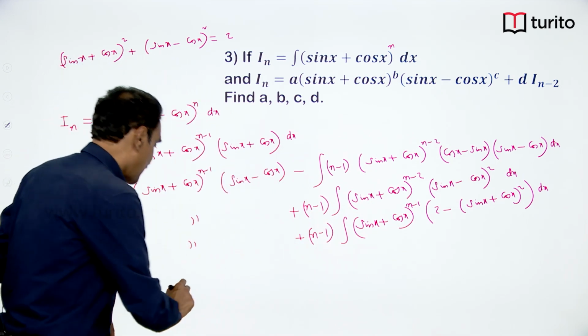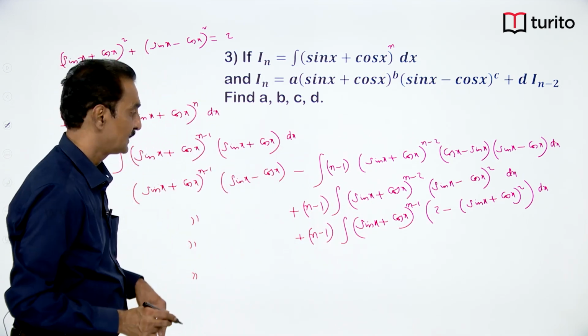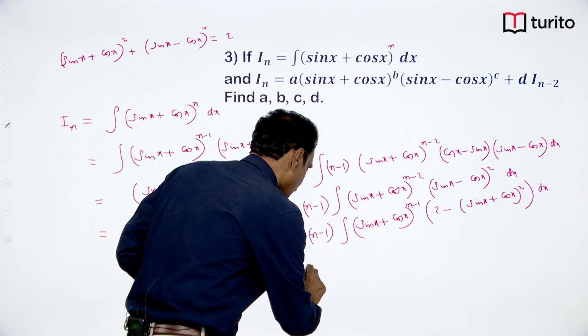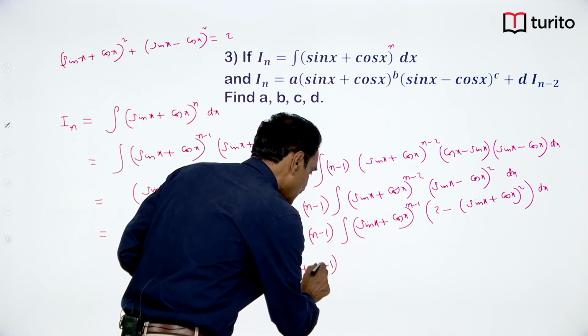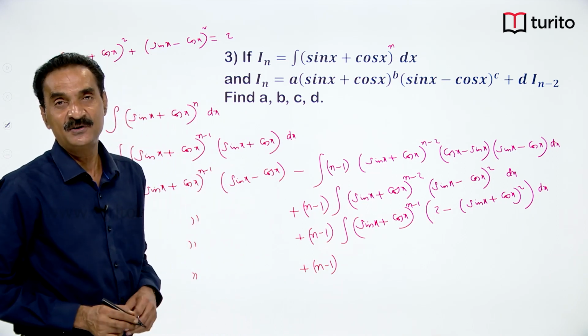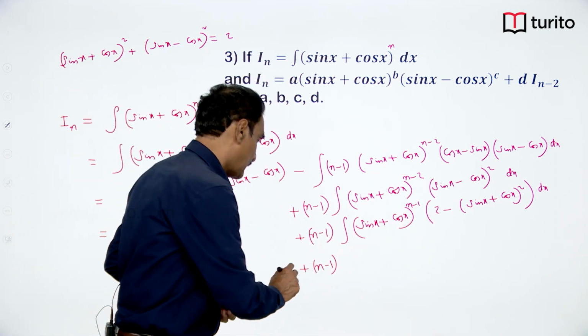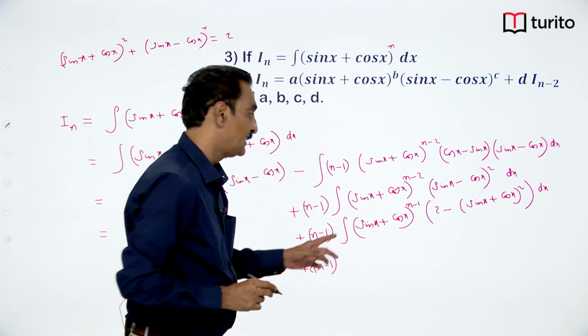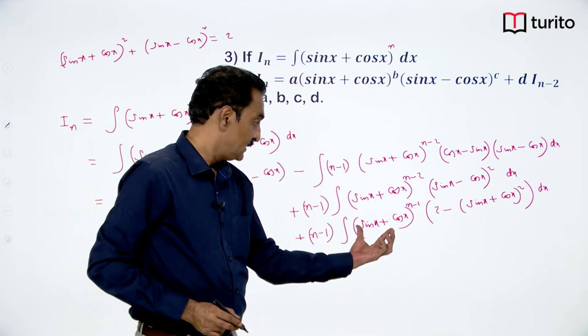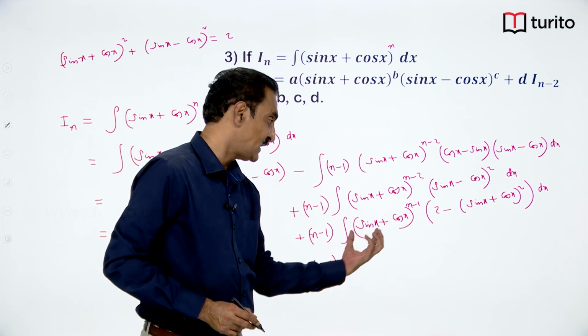Now, write the first term as it is plus n minus 1 into 2, 2 is taken outside.